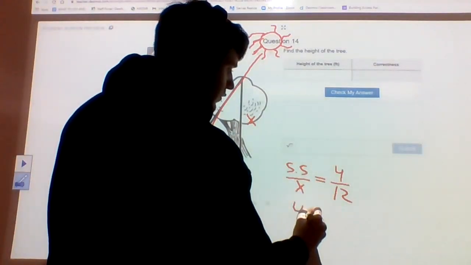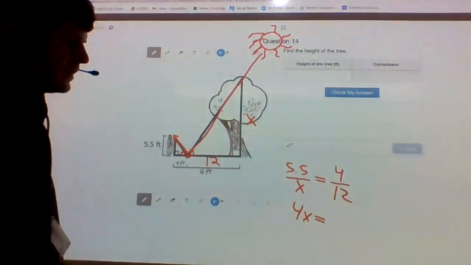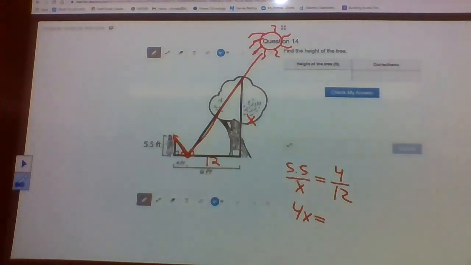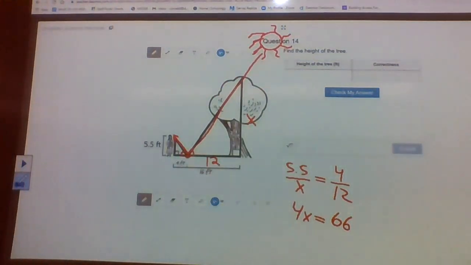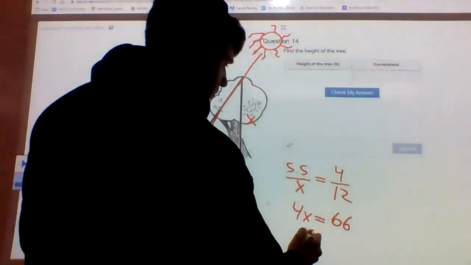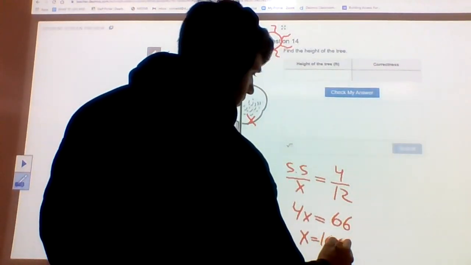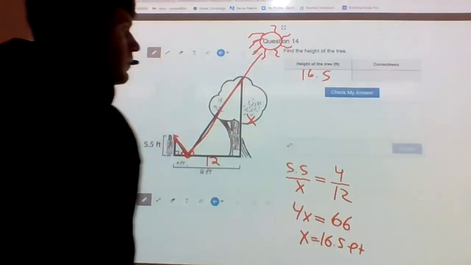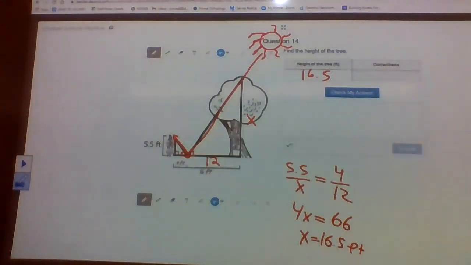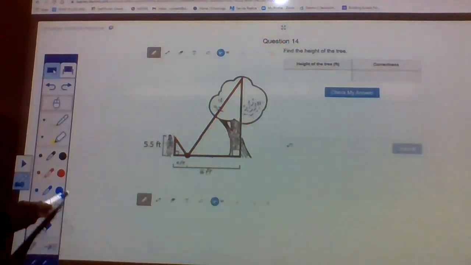Cross multiply, you get 4x equals 66. 66 divided by 4, we got 16.5 feet. So you want to put in 16.5. All right, number 15.